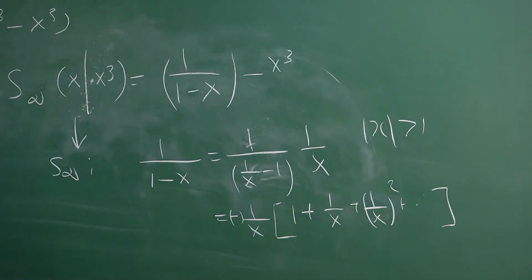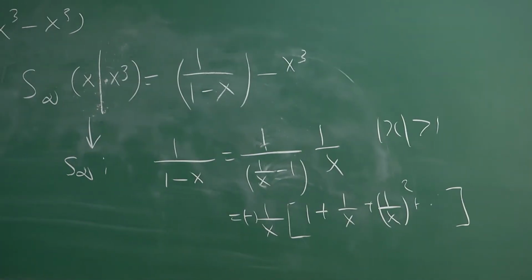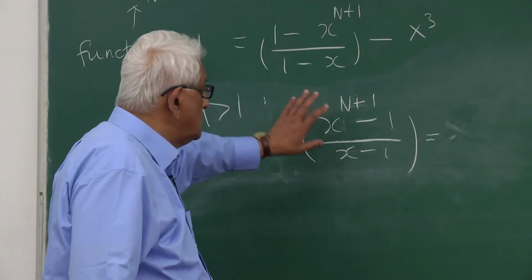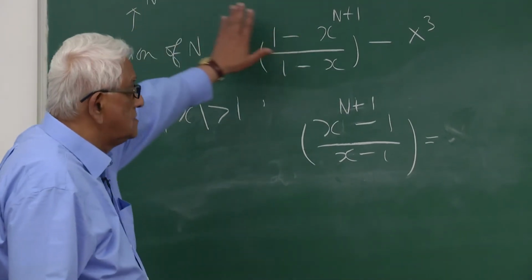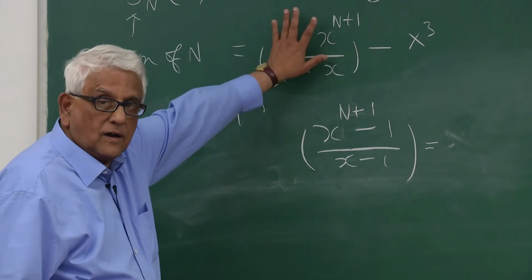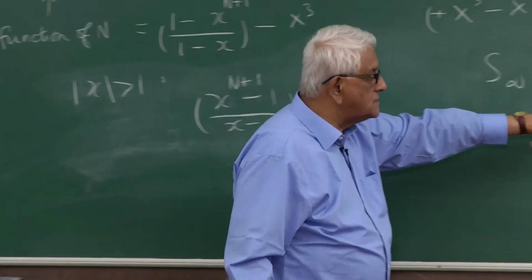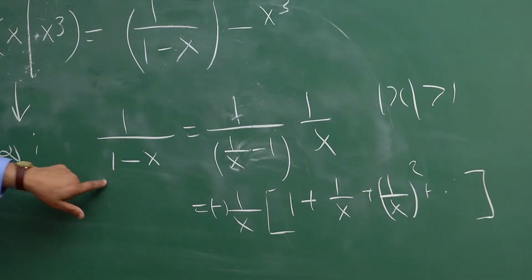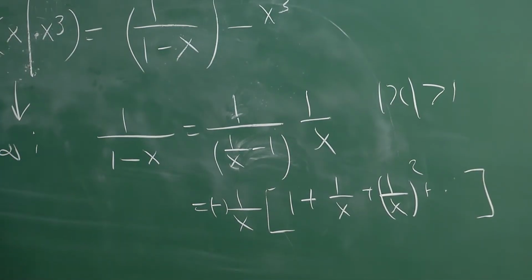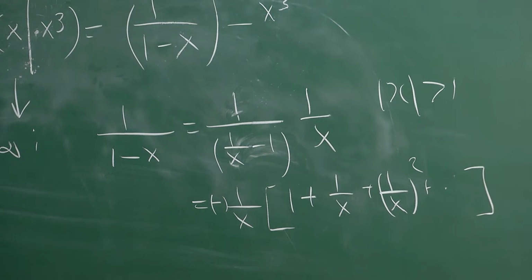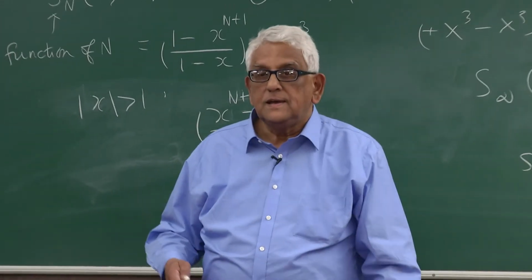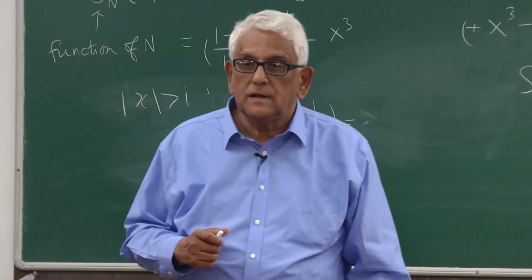Right. So from this point of view, it is difficult because this series has its own character. But once we have got this limit, this 1 upon 1 minus x, then we can have an expansion for it which is valid when x is bigger than 1.